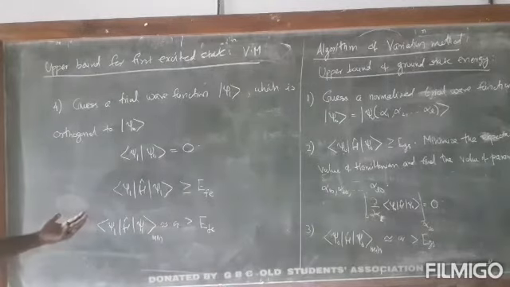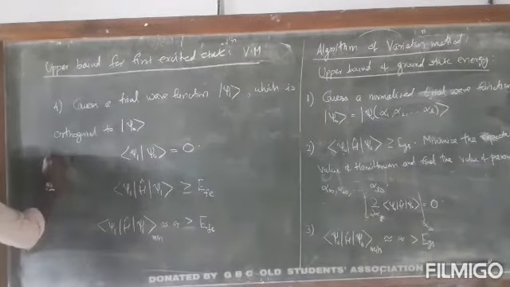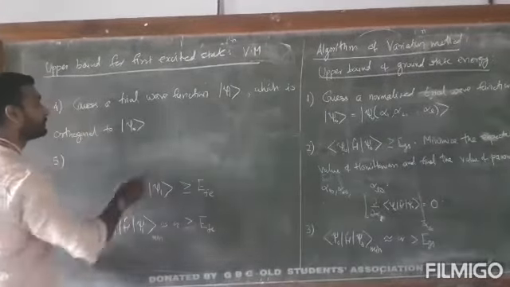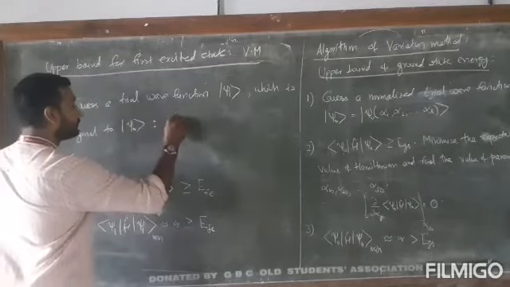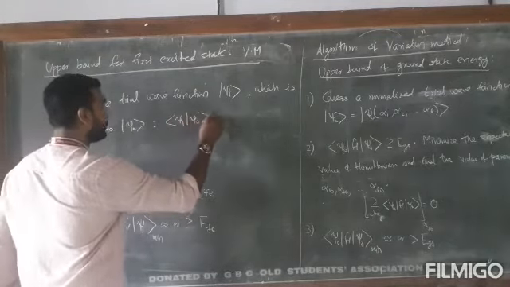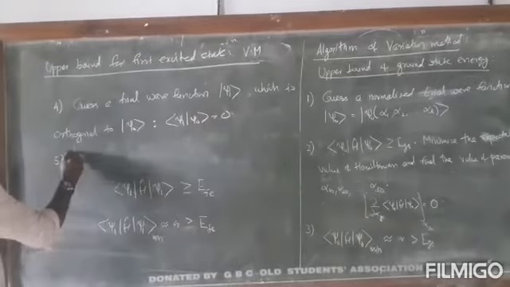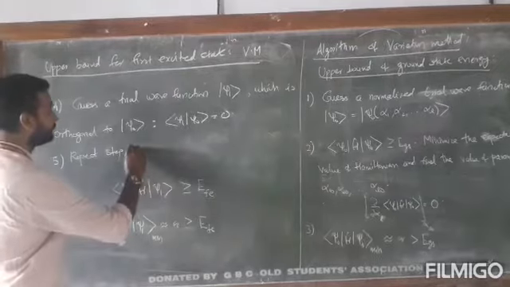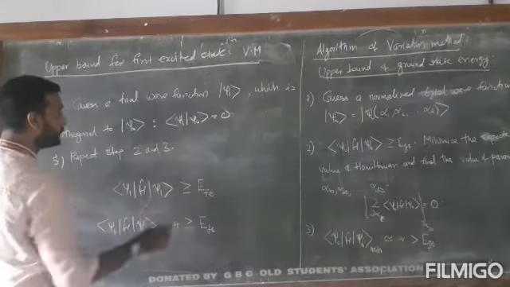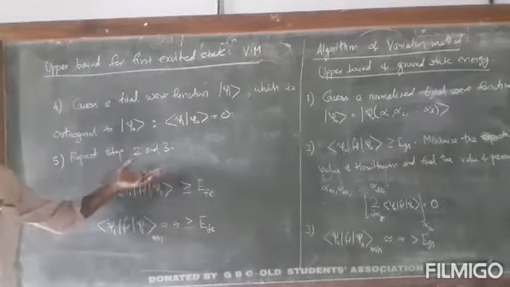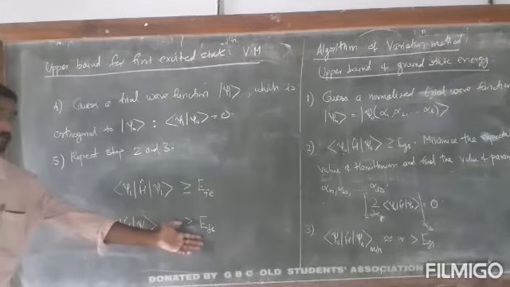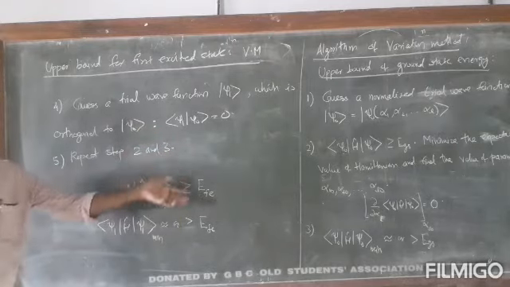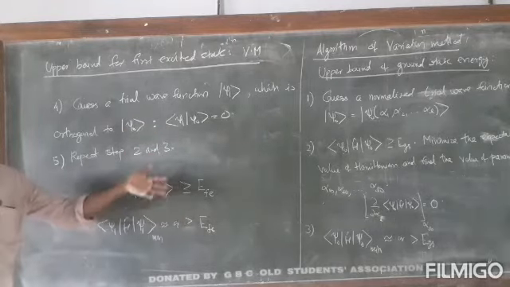Then, with psi 1 orthogonal to psi 0, repeat steps 2 to 4. Then we will get the upper bound for the first excited state. Similarly, you can go for the second excited state energy, the third excited state energy, and so on.